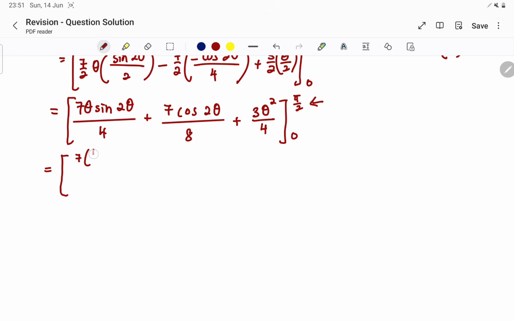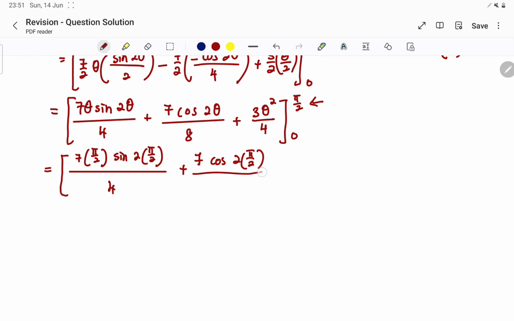Then you're going to get 7π/2 sin(2·π/2) divided by 4, plus 7 cos(2·π/2) divided by 8, plus 3(π/2) squared divided by 4.